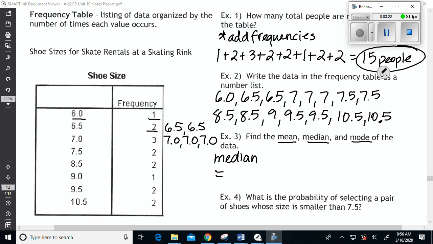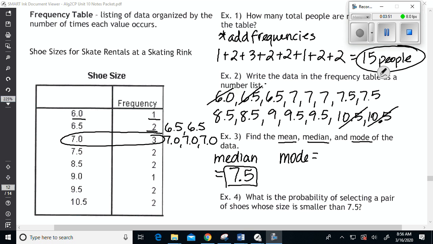If you do that, you're going to end up with a median of 7.5. Mode in this case would simply be whichever number had the biggest frequency, which since that was a frequency of 3, means that the mode is a shoe size of 7.